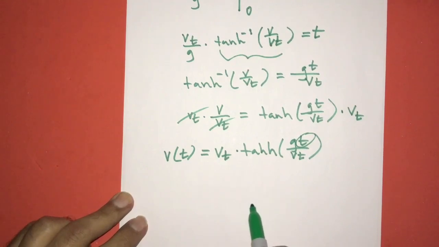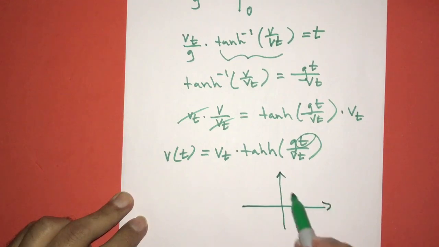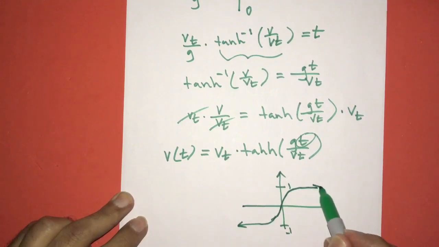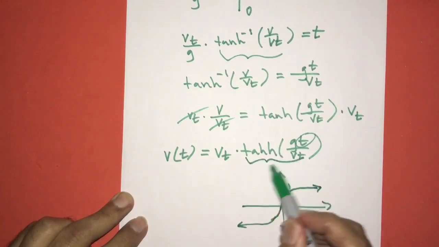Basically it looks something like this. This is 1, and here's -1. It asymptotically approaches -1, and it goes up here and asymptotically approaches 1. So when this term gets large, this term is going to approach 1.